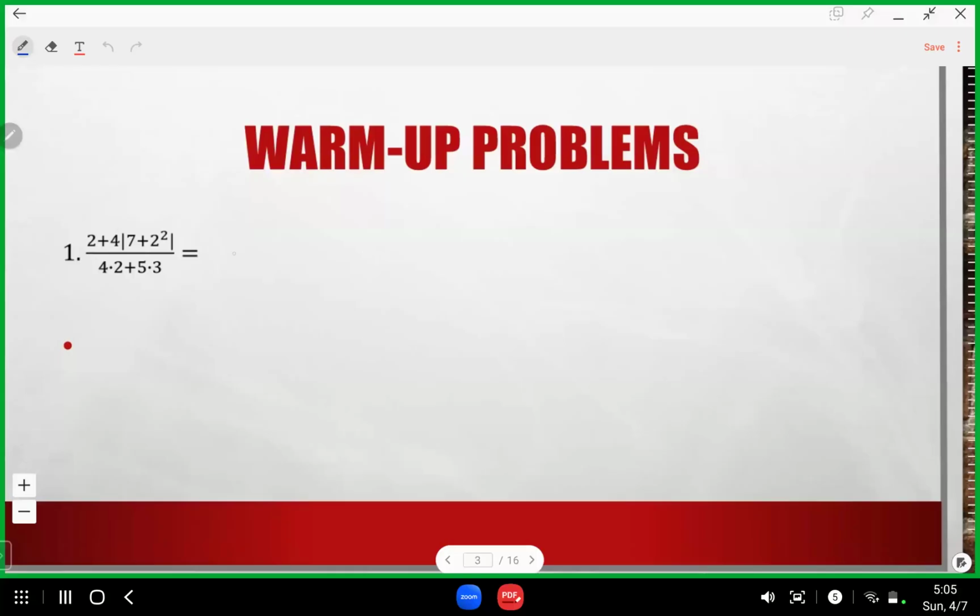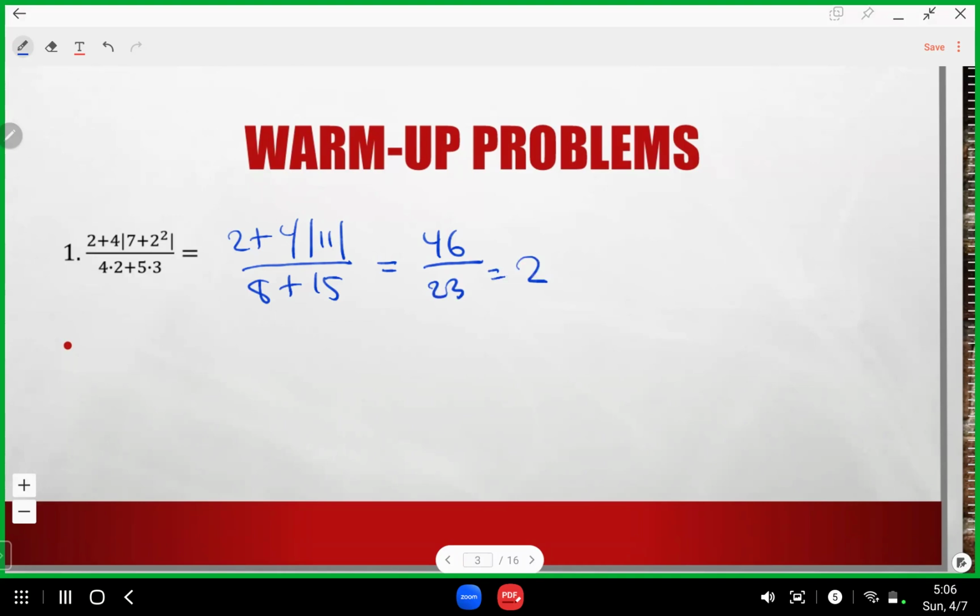Basically, we have an absolute value, basically like parentheses here. So we're just going to do whatever is in the absolute value first. That's just going to be 11. So 11 is in the absolute value over 8 plus 15. 46 over 23 is just going to be 2.